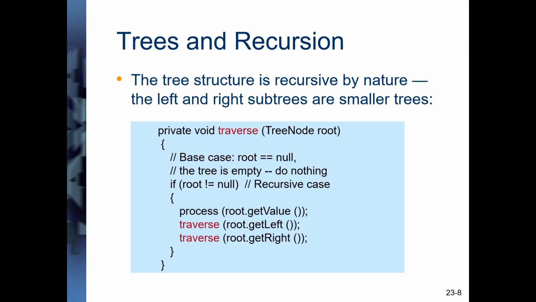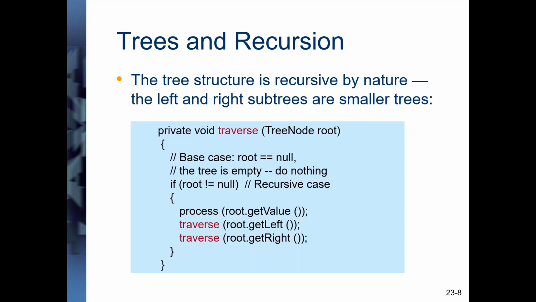It's not stated explicitly other than in the comments. So you only do something if the particular node you're at, which is called root as you pass it in, is not null. But if you reach a leaf, then if you go left or right, you're going to get a node that is null, and so that's where you're going to stop.